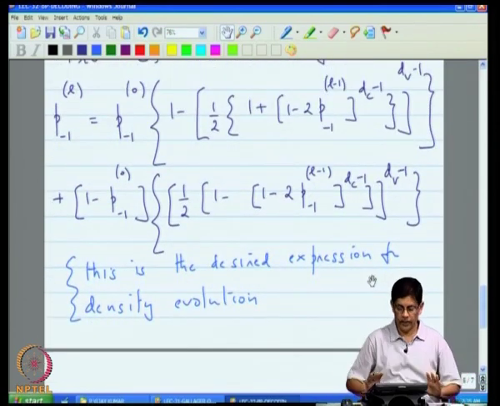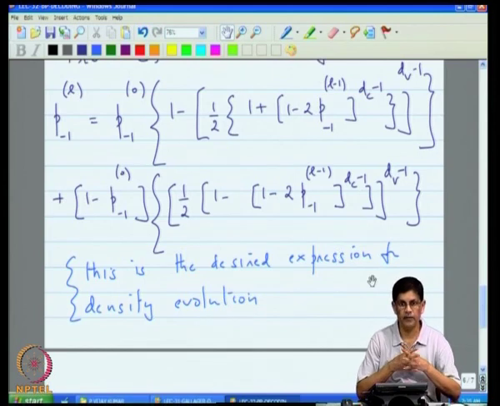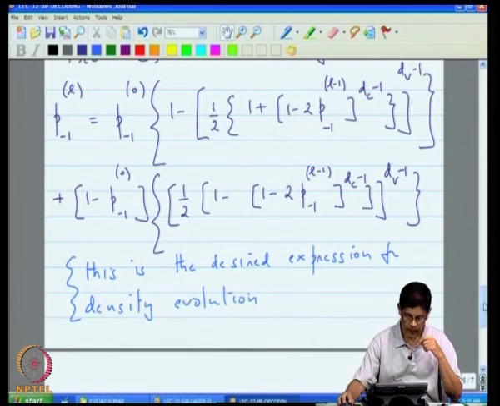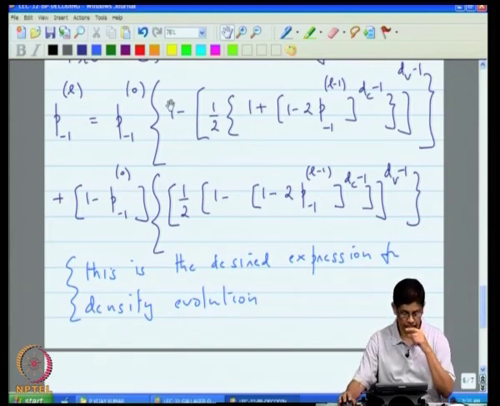Now, if you spend a little bit of time, you can show a couple of things. You can show that these probabilities at any iteration increase monotonically with increase in the channel crossover probability. That is one.